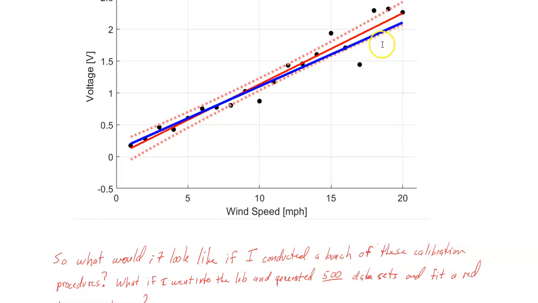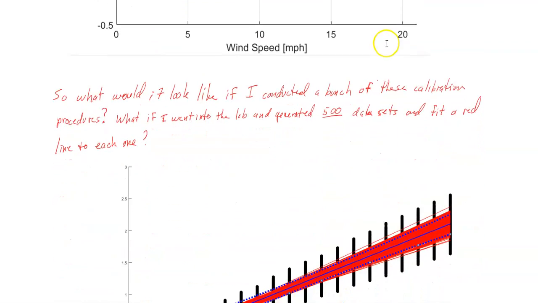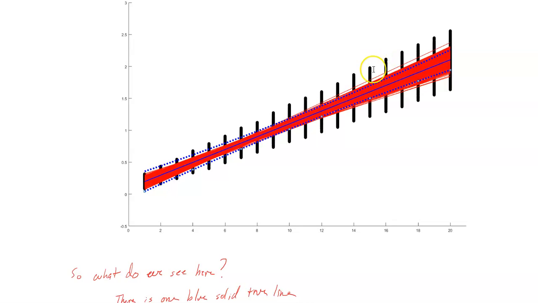And so if we plot all 500 of those calibration sets and their fits, and then we plot the average calibration uncertainty in each one of those fits, and then we center it around the actual blue line, how closely do they match up? And so that's what we see here.